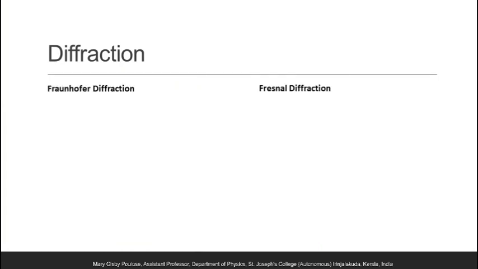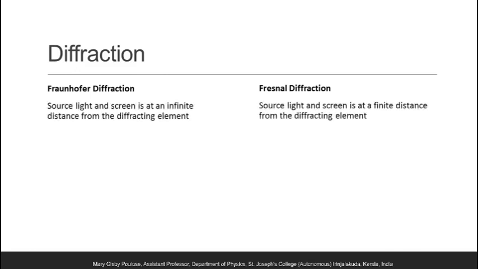Now there are actually two classes of diffraction, Fraunhofer diffraction and Fresnel diffraction. Let us distinguish between them. In Fraunhofer diffraction, the source of light and the screen are at an infinite distance from the diffracting element. In the previous example, the slit was the diffracting element.